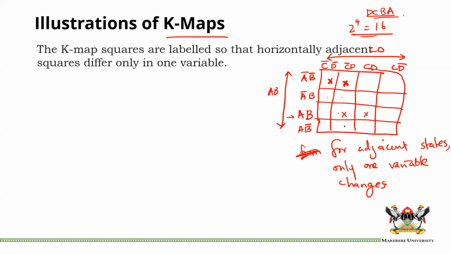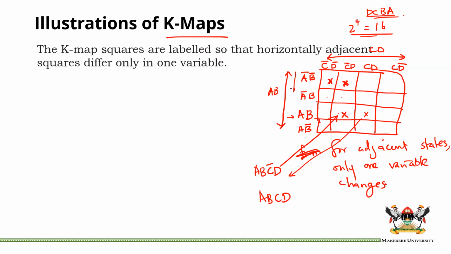But if I move on the vertical side, from this point to this point, you can see that you have D and D, but C inverse has now changed to C. So this box corresponds to AB with C inverse D on the upper side, whereas that box corresponds to AB with CD.